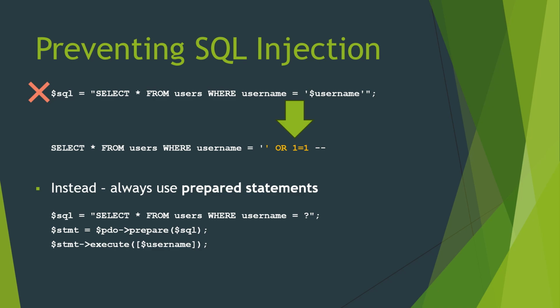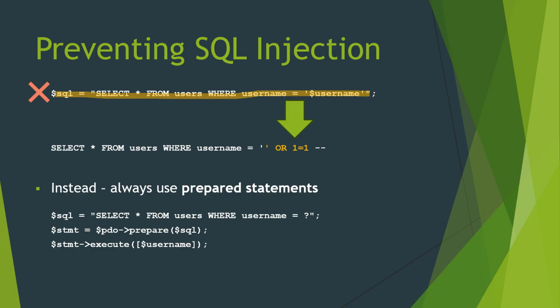Now, SQL injection is a technique where an attacker would manipulate an input field in order to bypass authentication or modify the database. So, for example, let's say we write a login query like this one here.